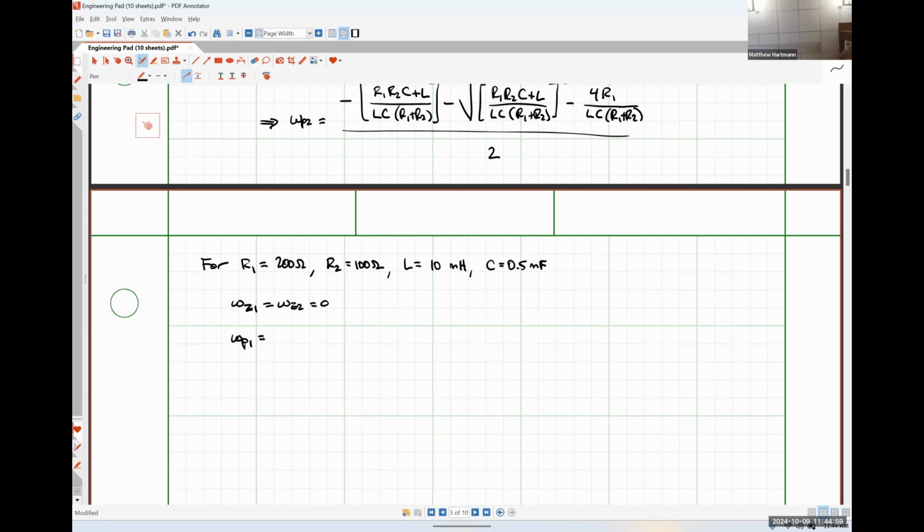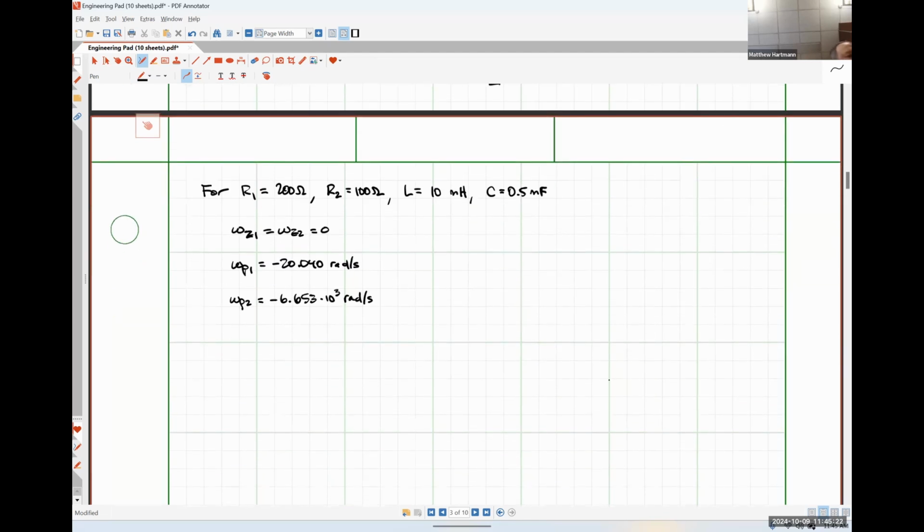Omega P1 is equal to negative 20.040 radians per second, and omega P2 is equal to negative 6.653 times 10 to the 3 radians per second.